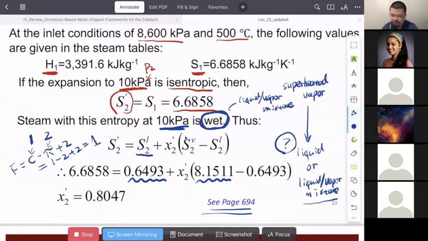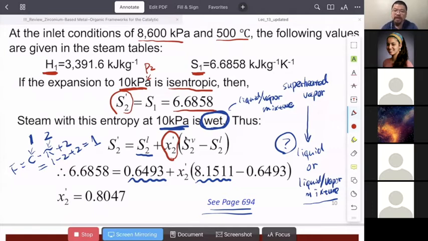Okay, so the assumption we have is, let's try to assume this is a positive value of x2 prime, and if in reality this is a pure liquid, then x2 prime will be 0 after the calculation.